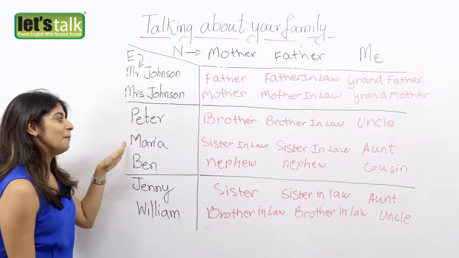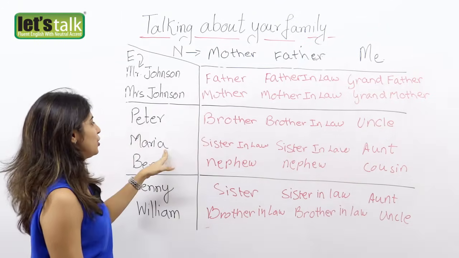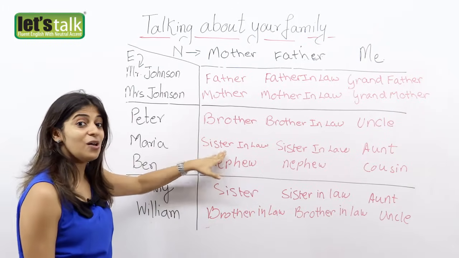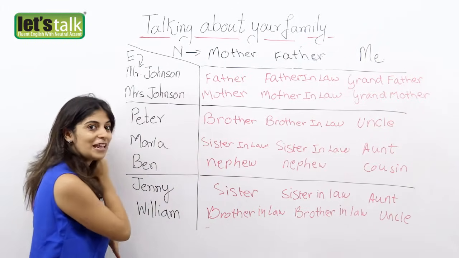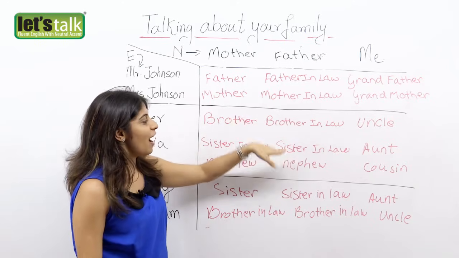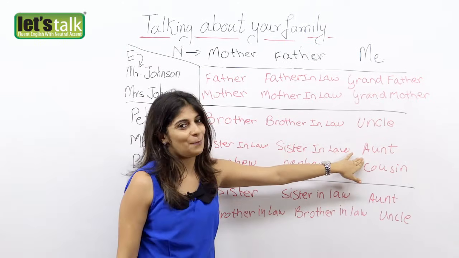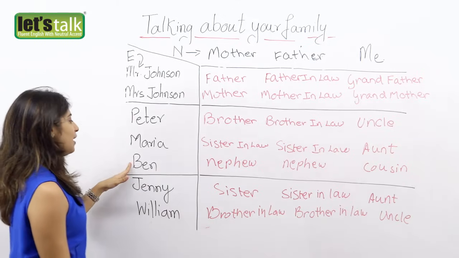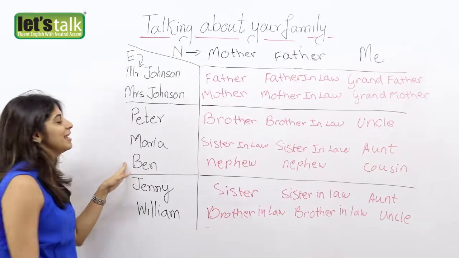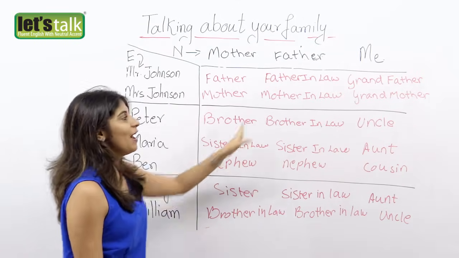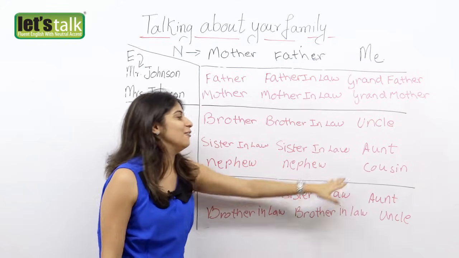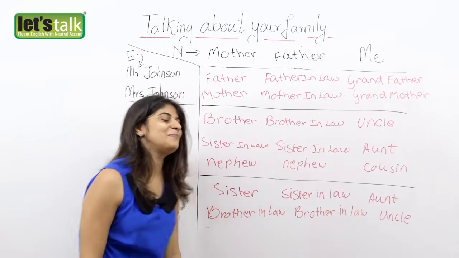Whereas Maria, for your mother, is a sister-in-law, as she's married to Peter. And for your father, she's going to be his sister-in-law. And for you, she's going to be your aunt. Similarly, Ben would be your mother's nephew as well as your father's nephew. And for you, he's going to be a little cousin.